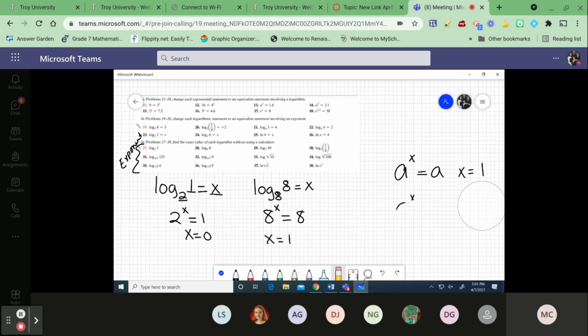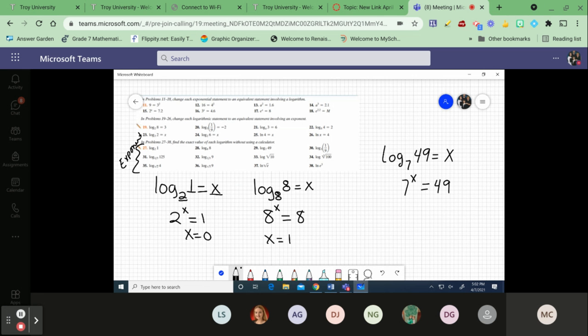Okay. So what if we are getting away from those and I have, as an exponent, 7 to the x is equal to 49.